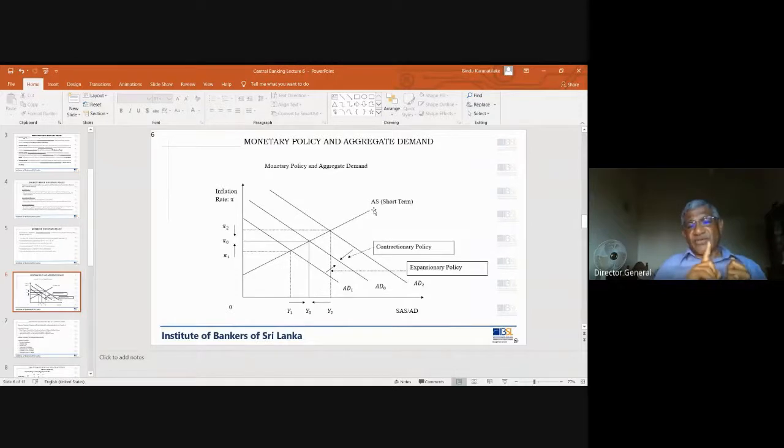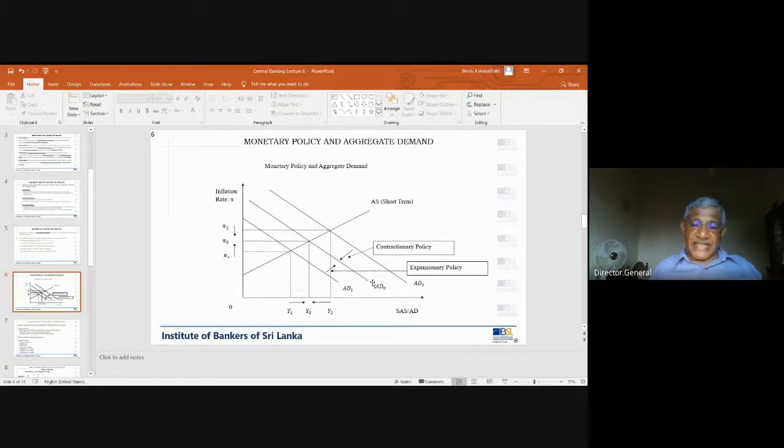Therefore, we should analyze our demand with a given aggregate supply curve. That is this. The aggregate supply curve is given because monetary policy does not influence the supply side, it influences the demand side.